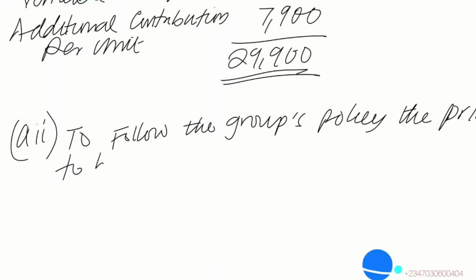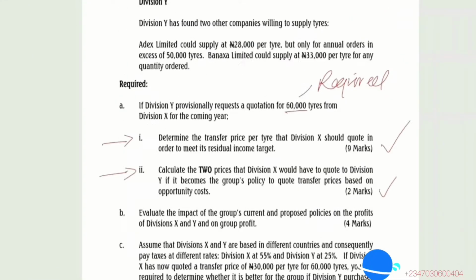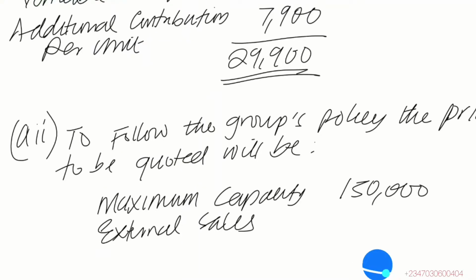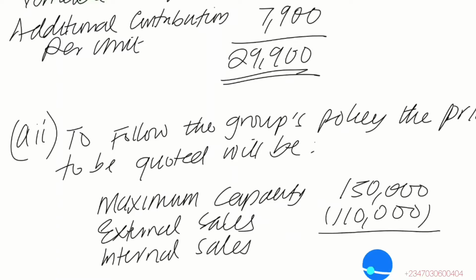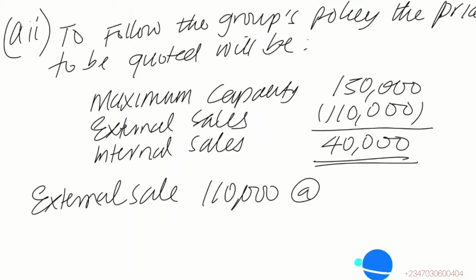Now, they say we should calculate it to follow the group policy. The price to be quoted will be based on the maximum capacity of 150,000. Then you bring in external sales. You want to follow the group policy to answer II. The maximum capacity of 150,000, you bring in external sales of 110,000. Now, available for internal sales will be what? 40,000, because the policy now will be to sell to all available market, and the total available market is 110,000, and the total units produced by Division X is 150,000.